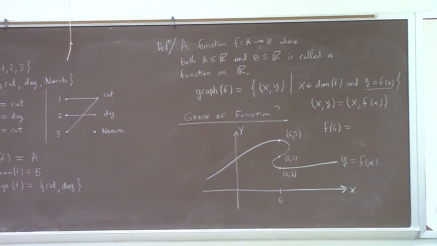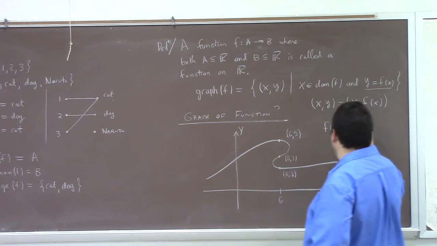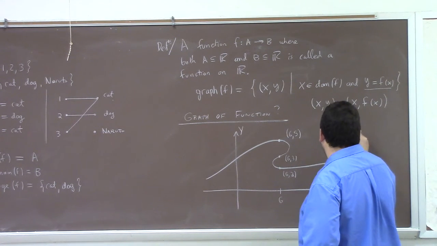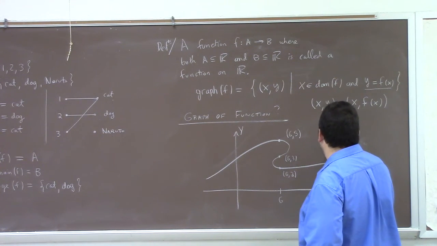Is it 2? Because that's what the lowest point suggests. Is it 3? That's what the middle point suggests. Is it 5? That's what the upper point suggests. See, we would have to have f of 6 equals 2, f of 6 equals 3, f of 6 equals 5.